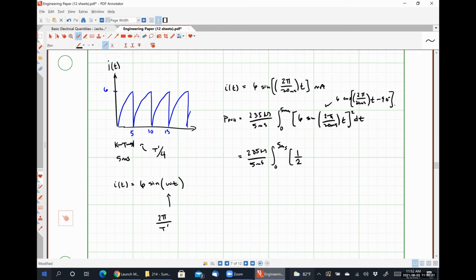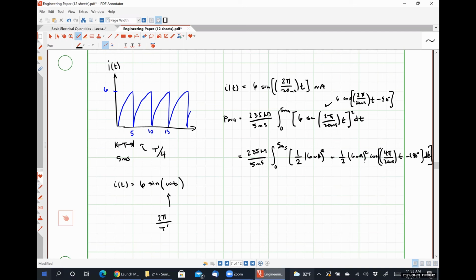So that would be 1/2 times 6 milliamps squared, the resistor bit's already taken out, so I think that, so yeah, plus 1/2 times 6 milliamps squared cosine 4 pi over 20 milliseconds t minus 180 degrees dt.